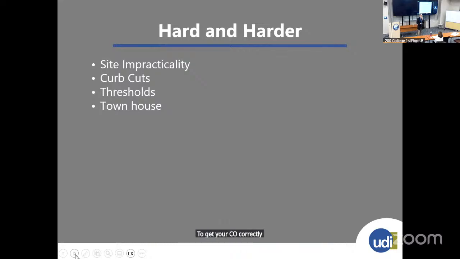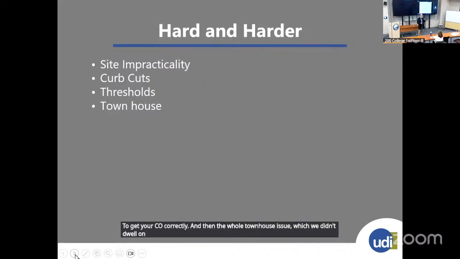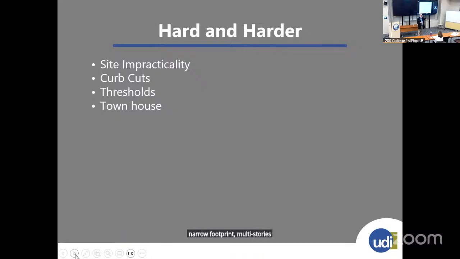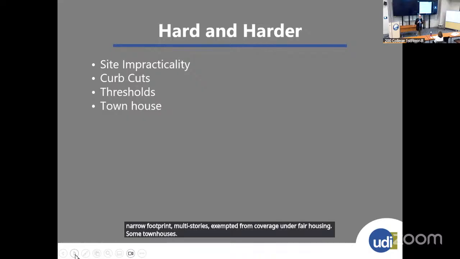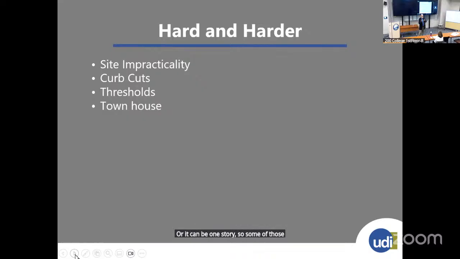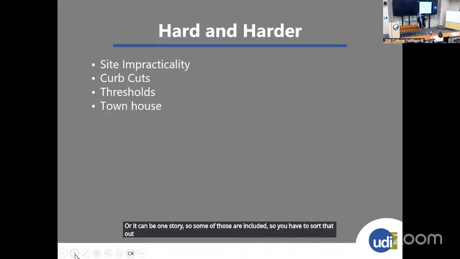And then the whole townhouse issue, which we didn't dwell on long. In general, townhouse design, narrow footprint, multi-stories, is exempted from coverage under fair housing. Some townhouses can be one story, so some of those are included. You have to sort that out, and the design manual does a good job of figuring that out for you.